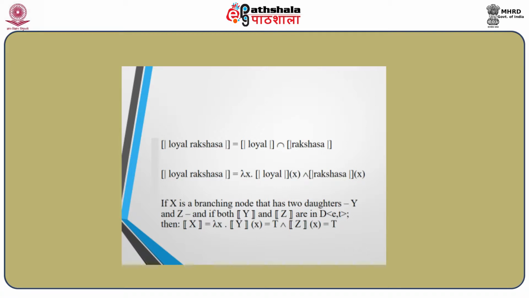So we say that if X is a branching node and has two daughters Y and Z, and both Y and Z are in the domain of things of type <e,t>, then the interpretation of X equals λx such that Y applied to x equals T and Z applied to x equals T. The above formula says that the properties denoted by Y and Z are combined to yield the property an individual has if and only if it satisfies both of them.